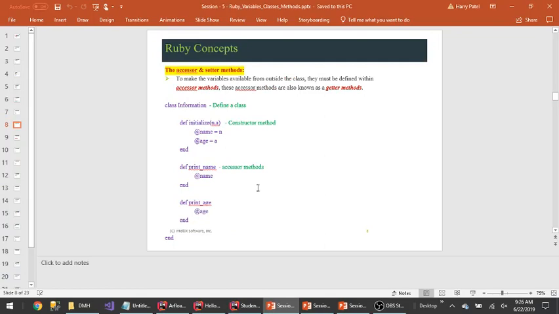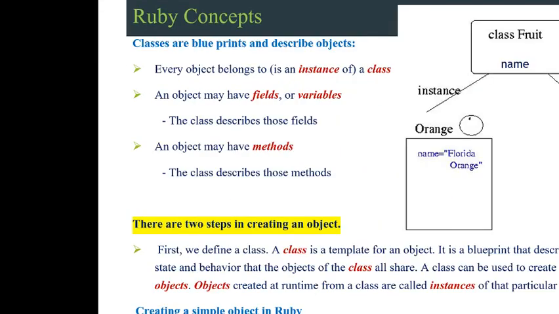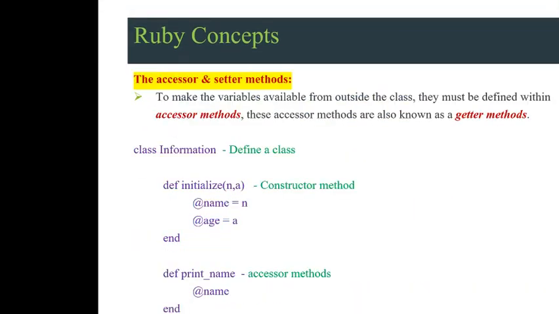So these are getter and setter, or accessor and setter, methods. Let's take a look at this class here.